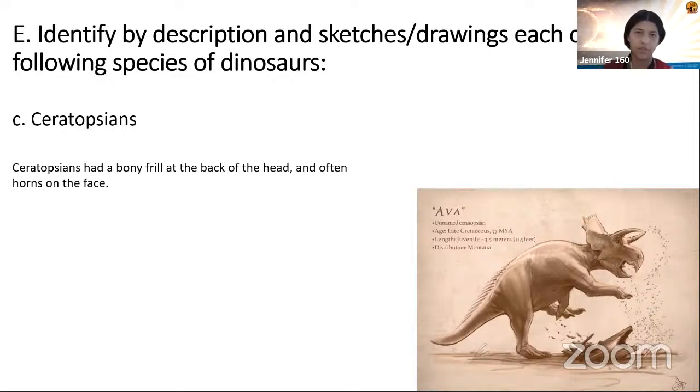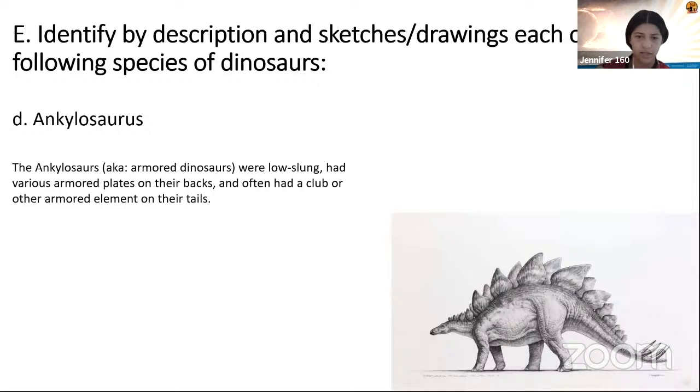An example would be the Triceratops. Ankylosaurs, also known as the armored dinosaurs, had various armor plates on their backs and tails, and often had a club. Examples include the Stegosaurus, which had bony plates on their backs, as you can see, and spikes on their tails.